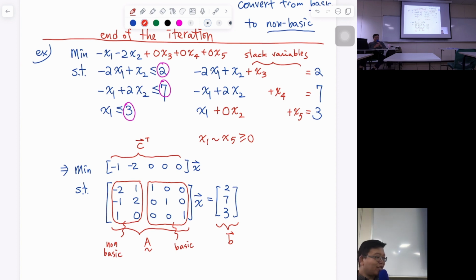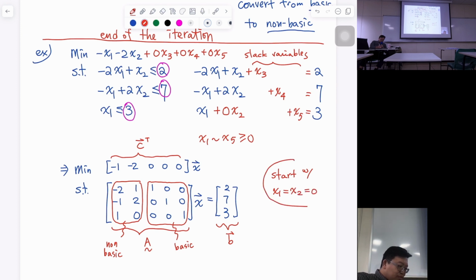Why do we do that? That means we assume x1 and x2 is 0. So it's like we start with x1 equals x2 equals 0. We choose x1 and x2 to be non-basic. So we choose them to be 0.